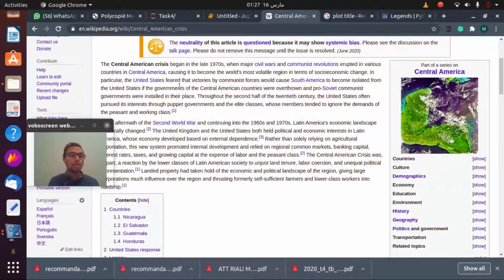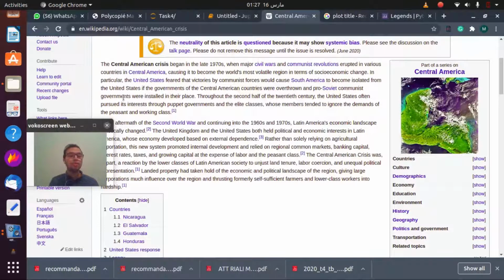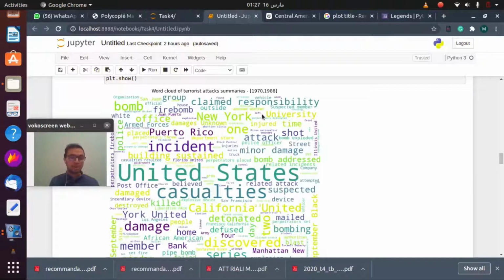In particular, the United States feared that victory by communist forces would cause South America to become isolated from its authority. So they paid some anti-groups, and this is why civil wars began in that region. So we can now understand clearly why this region has known a lot of attacks in this period by those exact groups.